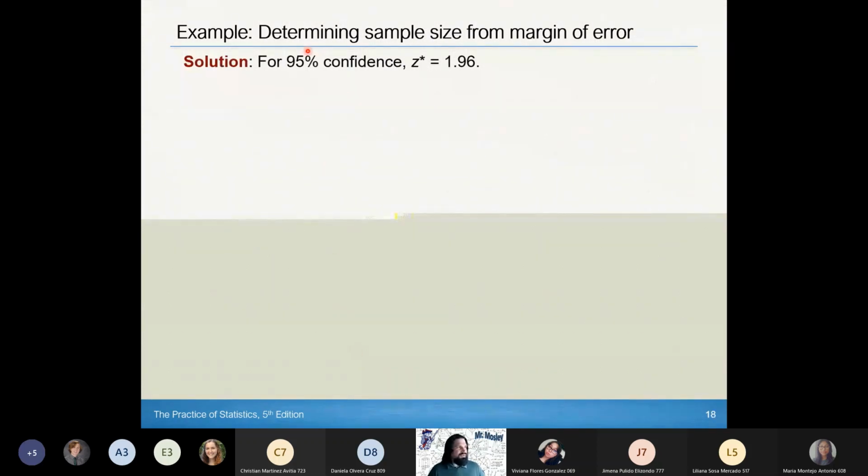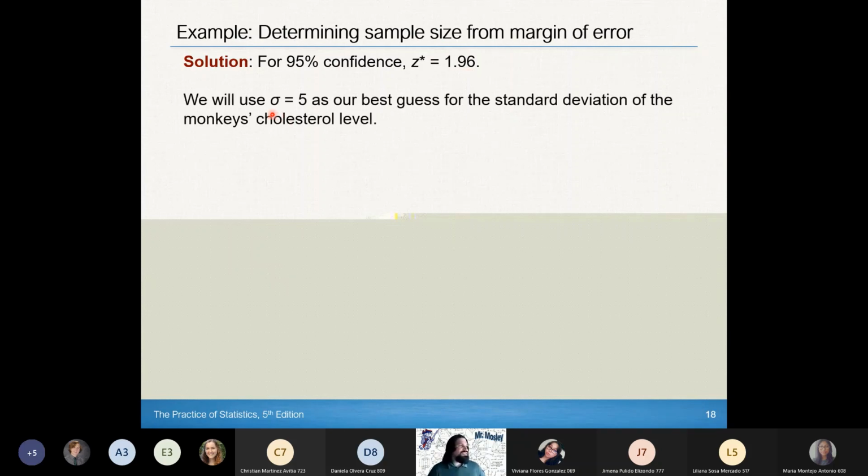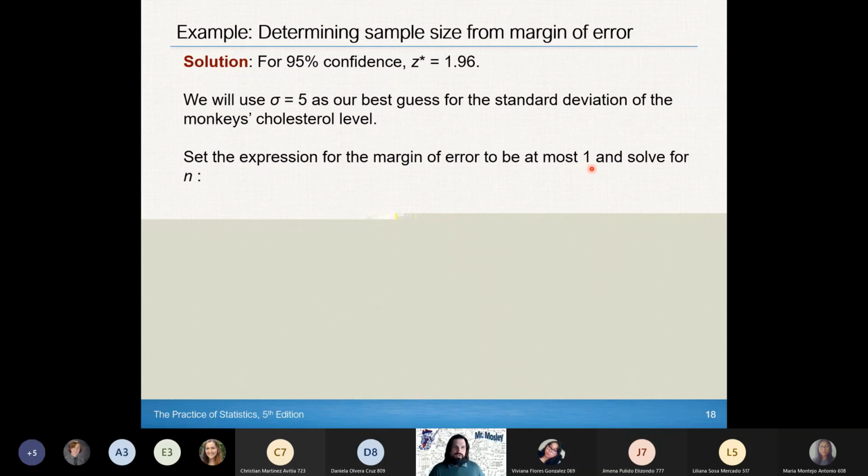All right, so we're at a 95% confidence, and using table A, we get a Z star of 1.96. And we've seen this result previously from table A. We're going to use sigma equaling 5 as our best guess for the standard deviation of the monkey's cholesterol level, as that was what was provided from a previous study. And we set the expression for the margin of error to be at most 1 and solve for N. So we get our setup here, 1.96 times 5 divided by the square root of N is less than or equal to 1.